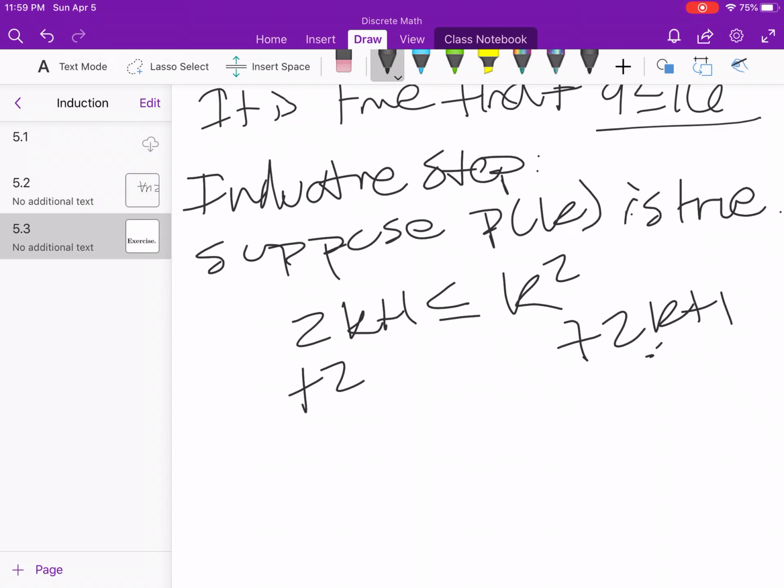So if I'm adding a larger number on the right and a smaller number on the left, then this inequality will still be true. If I added equal values on the left and the right, the inequality would be true. If I had a smaller value on the left and a larger value on the right, then obviously the inequality will still be true as well.